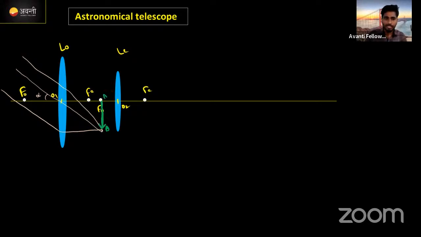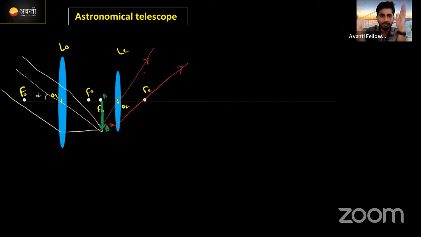If any ray of light incident parallel to the principal axis on the curved aperture, it will pass through the principal focus like this. If any ray passes through the optic center, it will pass straight like this. These two refracted rays are diverging, so they never meet each other.